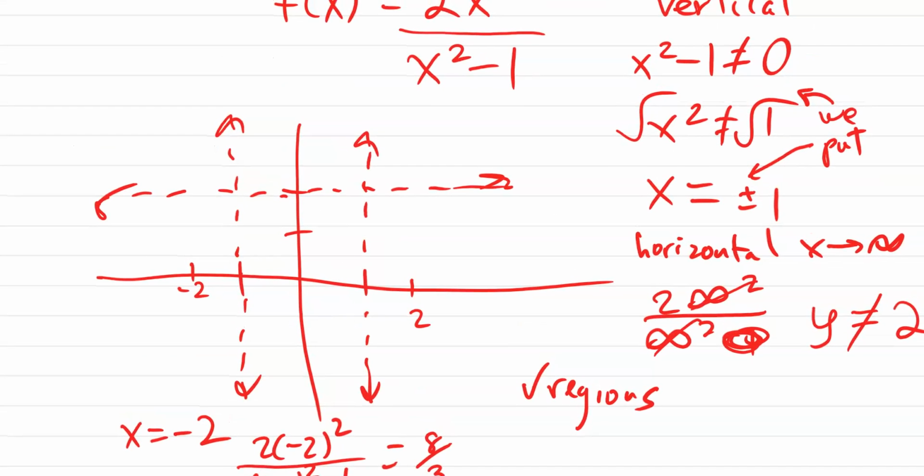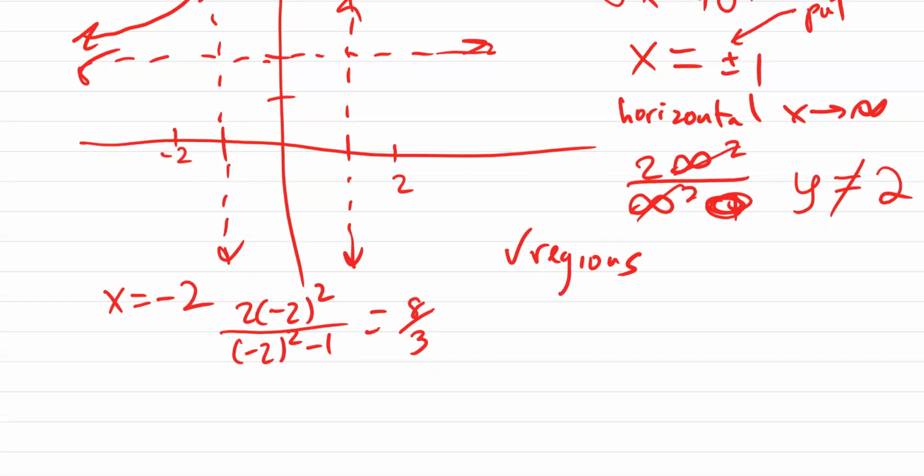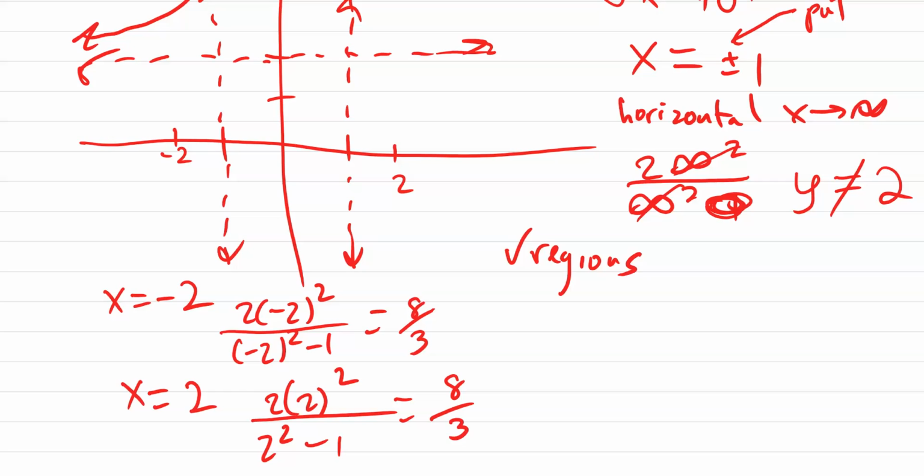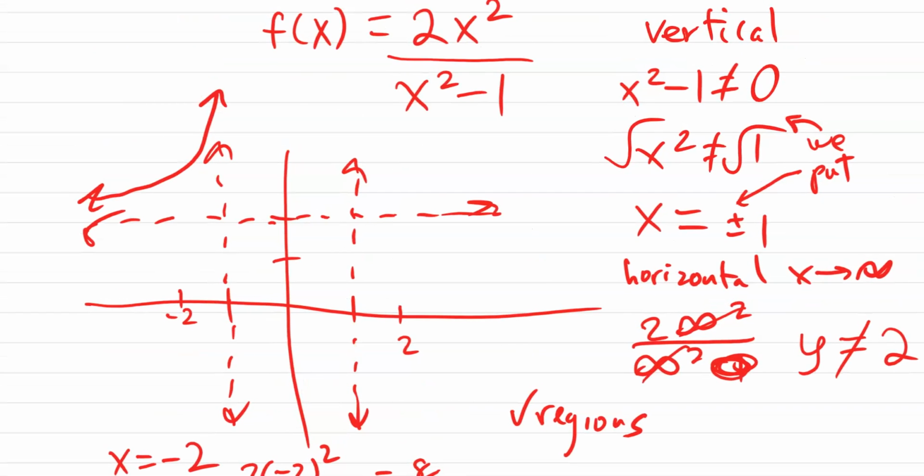That just means it's up here, above the 2. If I check x equals 2, 2 times 2 squared over 2 squared minus 1, 8 over 3. That one's also up here.